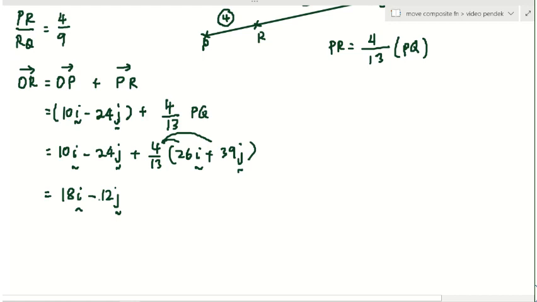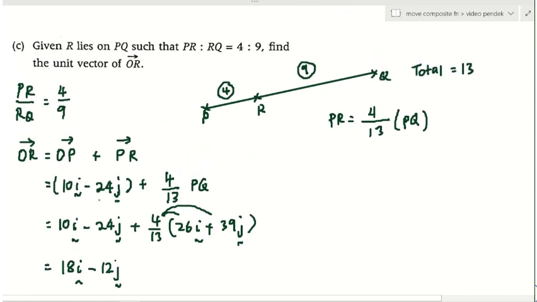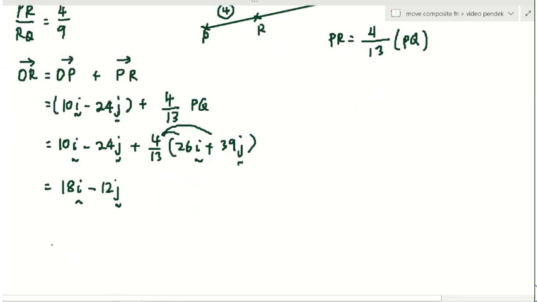But what does the question ask you? Unit vector of OR. For unit vector, we have its own formula: the vector 18I minus 12J divided by its magnitude.